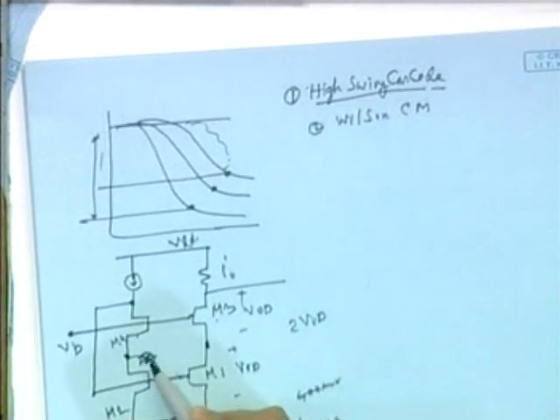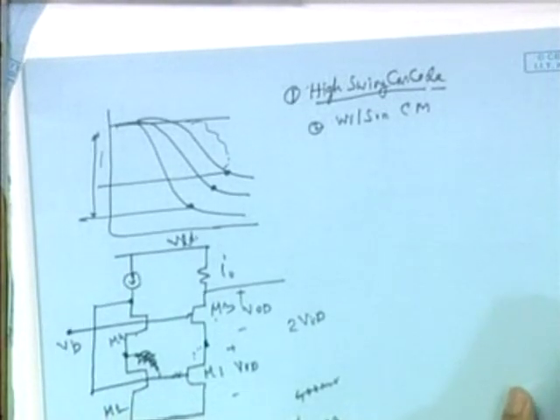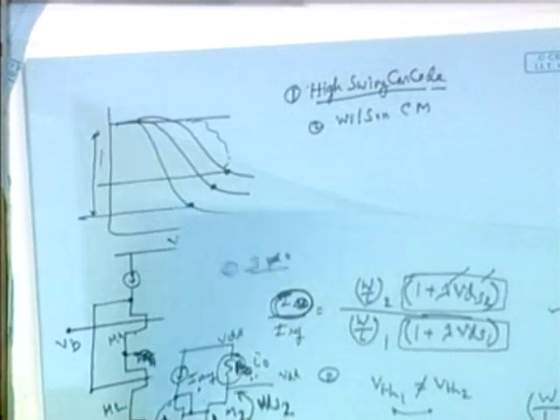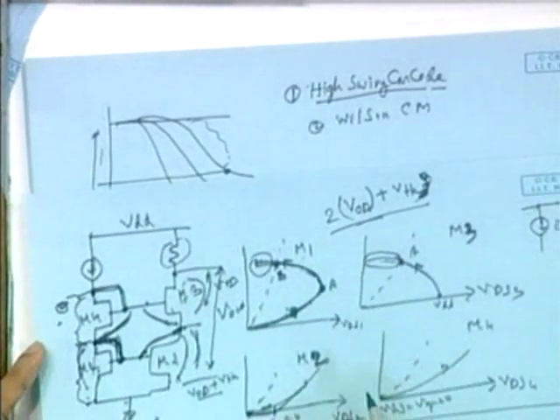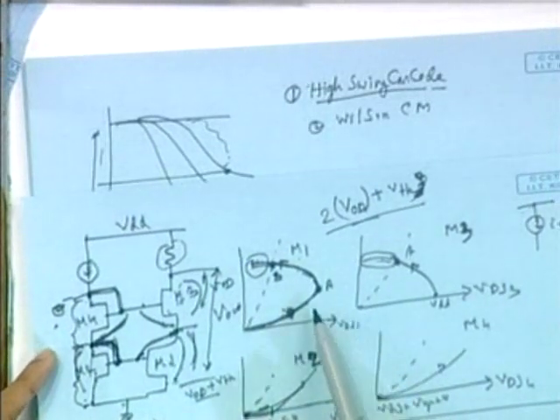So here basically we decouple the gate from the drain for this M1. Here is M1, M1 is this.